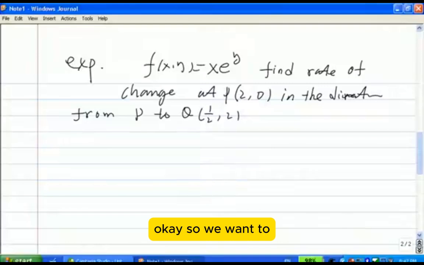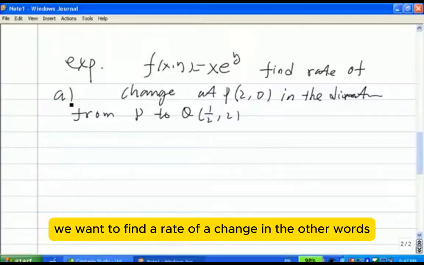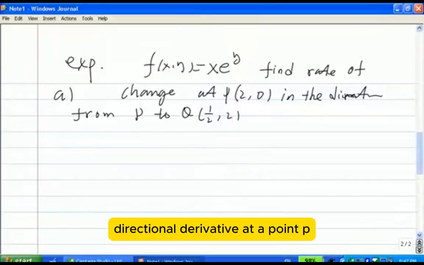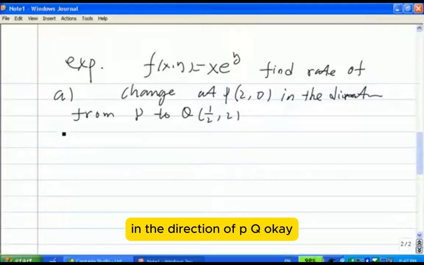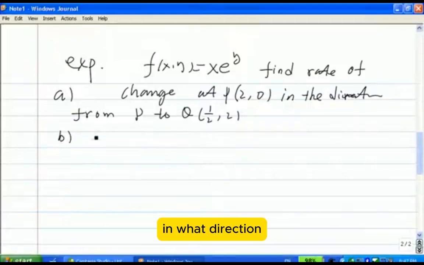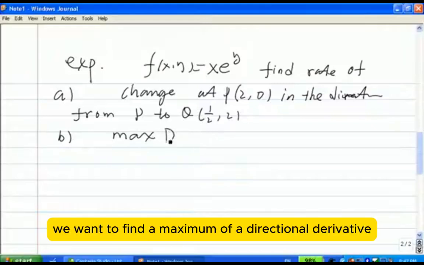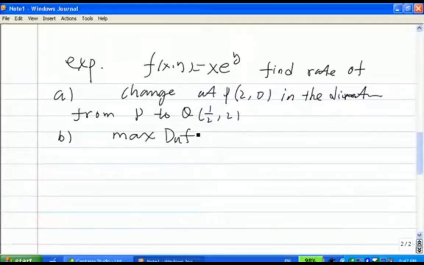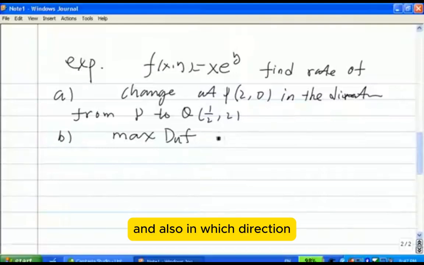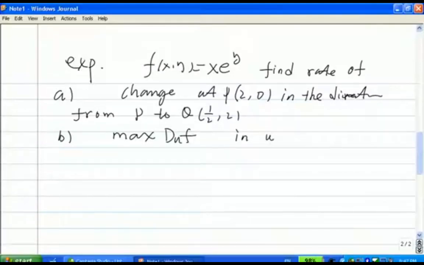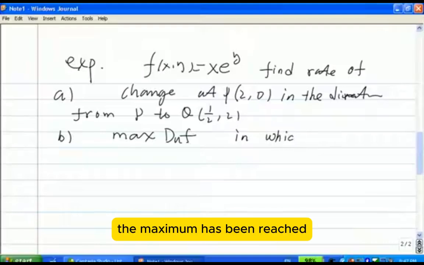Okay, so this is question A. We want to find the rate of change, in other words, the directional derivative, at a point P in the direction of PQ. And part B, second, we want to find the maximum of the directional derivative, and also in which direction the maximum is reached.